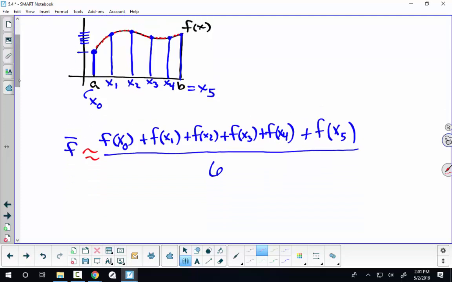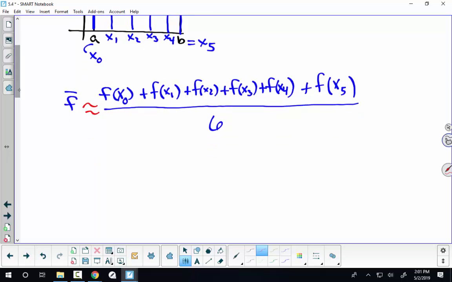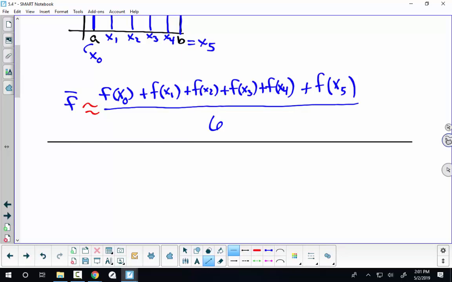Is everybody okay with that kind of approach? Again, this is not something you necessarily have to follow or remember. I'm just trying to show you where the actual theorem or formula comes from.